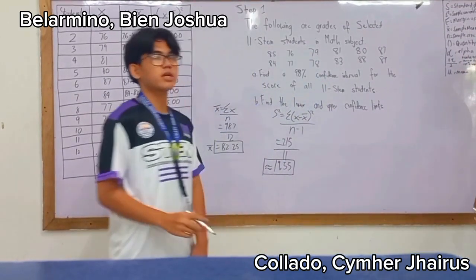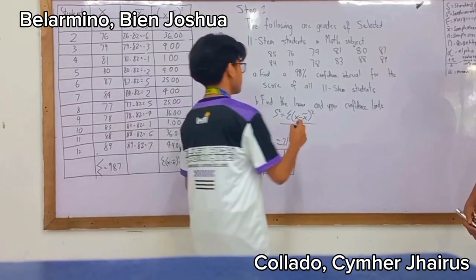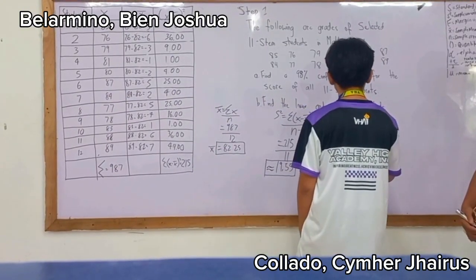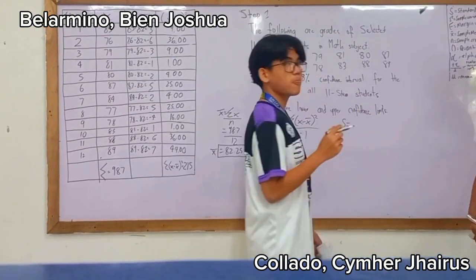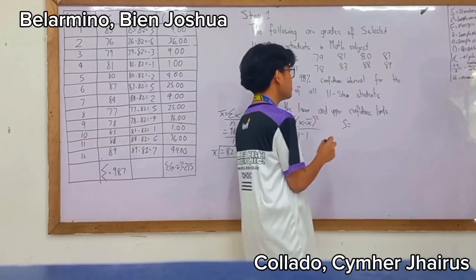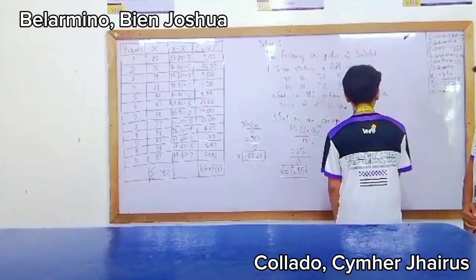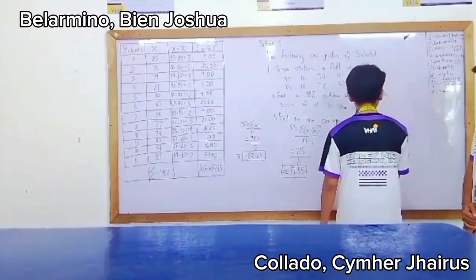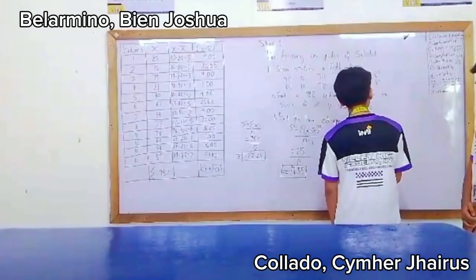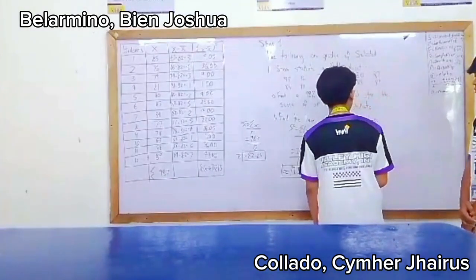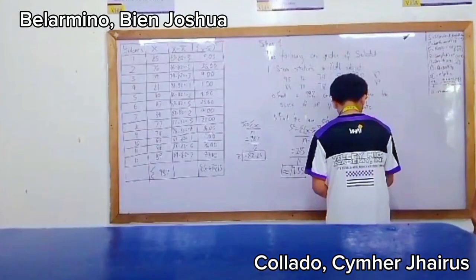Next is the standard deviation. To get the standard deviation, we write that the standard deviation equals the square root of the summation of the quantity of x minus sample mean raised to 2, over sample size minus 1.